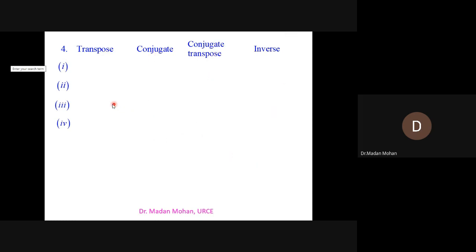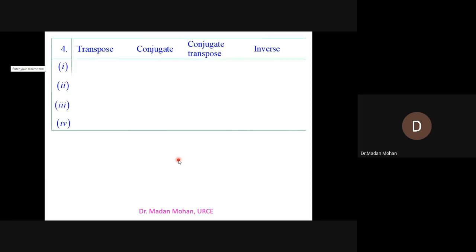The first one, in all these, is repeated operation. Transpose of transpose is A. Take any matrix, transpose and then transpose, it is A. Repeated operation. Similarly, conjugate of conjugate is A, because replace i with minus i and then i with minus i, you get the same.